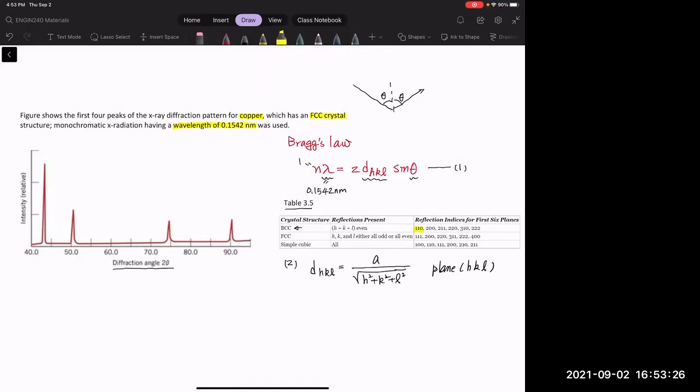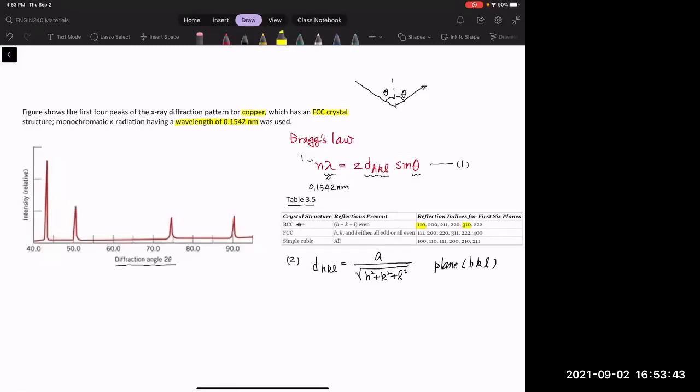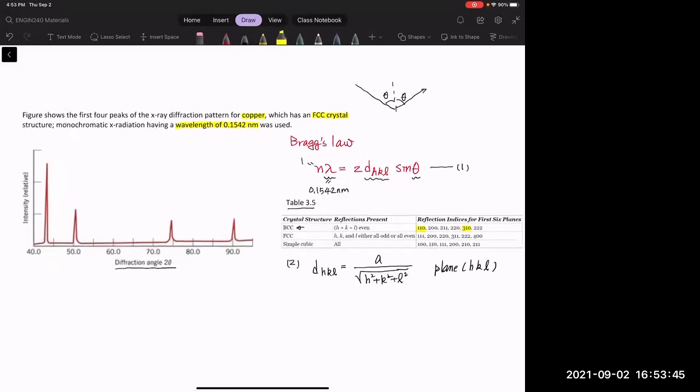If you add like 310, 3 plus 1 equal to 4, which is an even number. Okay, so if you see these kind of things happen, that means it's possible to be BCC. And if you look at the FCC, then there's another rule.